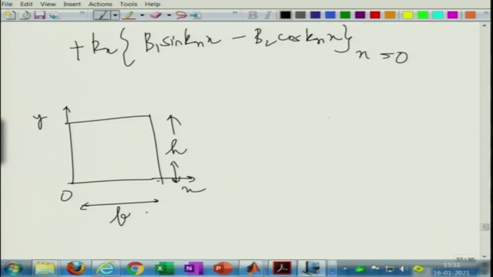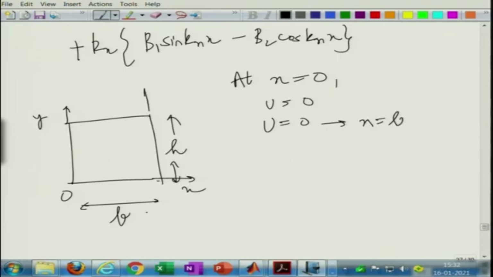So, now once we simplify, what are our boundary conditions? At x is equal to 0, that is here, we have velocity is 0, that is on this plane. Similarly, on this plane we have also velocity 0, which is your u x is equal to b.